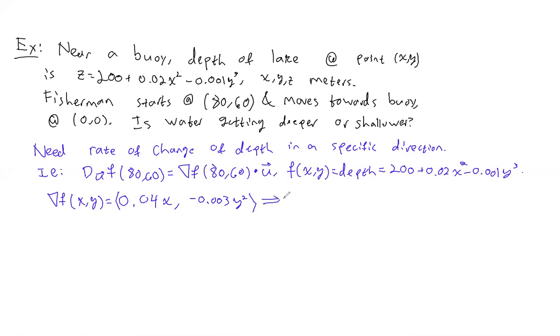Which means in particular that if we take the gradient at the point 80, 60, that is going to be 3.2, because it's 0.04 times 80, comma, and then the next one: 60 squared is 3,600, and 36 times 3 is 108, times 100, minus 100 again.